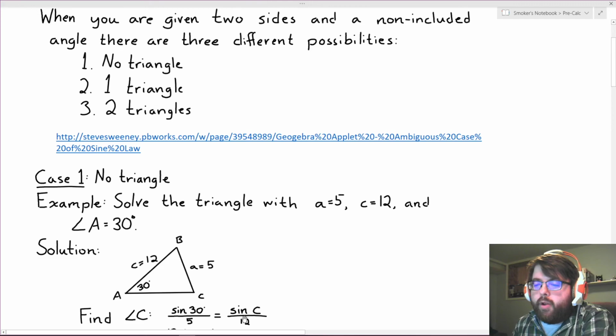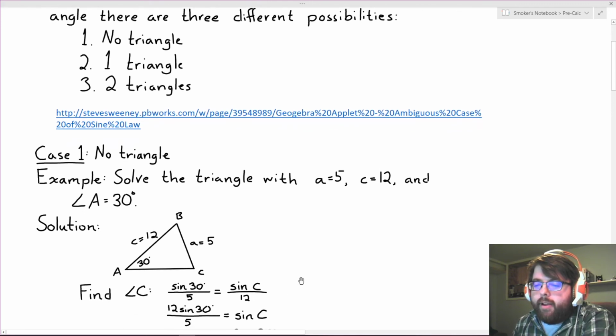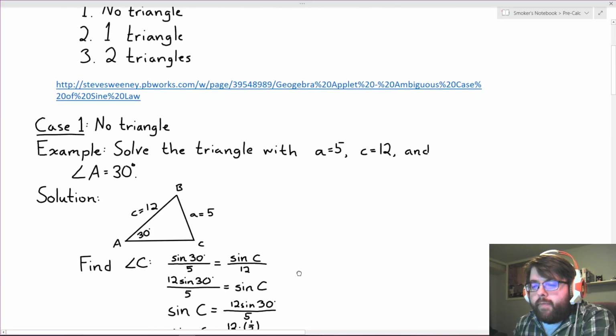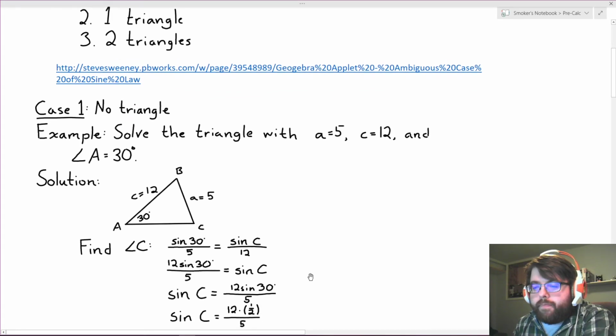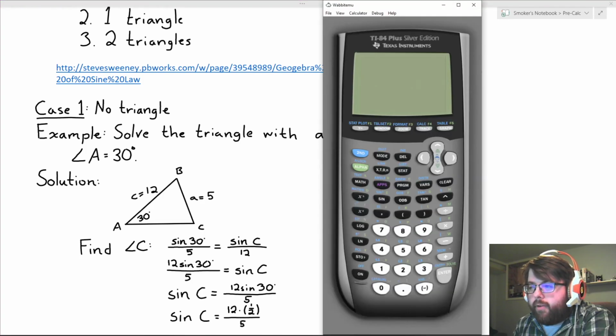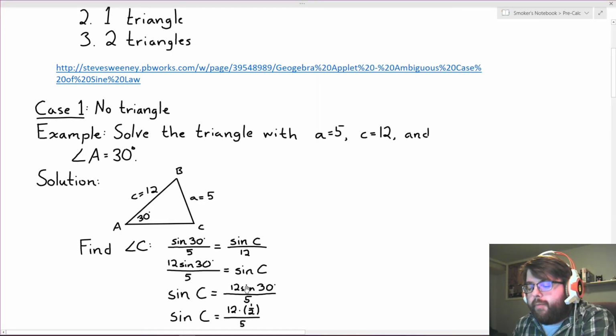In this case, I'm going to multiply 12 by both sides to solve for C. We're trying to isolate sine of C first. Sine of 30 happens to be 1/2. Most of the time, you won't get an exact value.